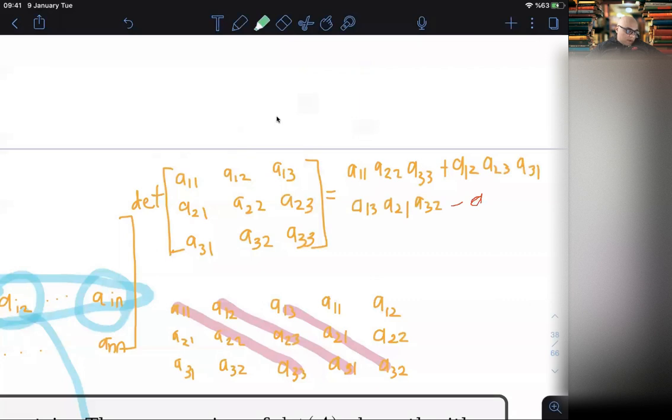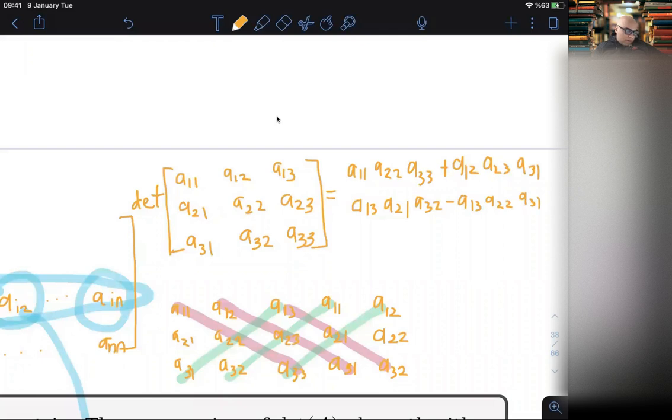Then we go with those with the negative sign. This one comes with a negative sign, this one with a negative sign, and this one with a negative sign. So let me write those, in order. Minus A13, A22, A31.